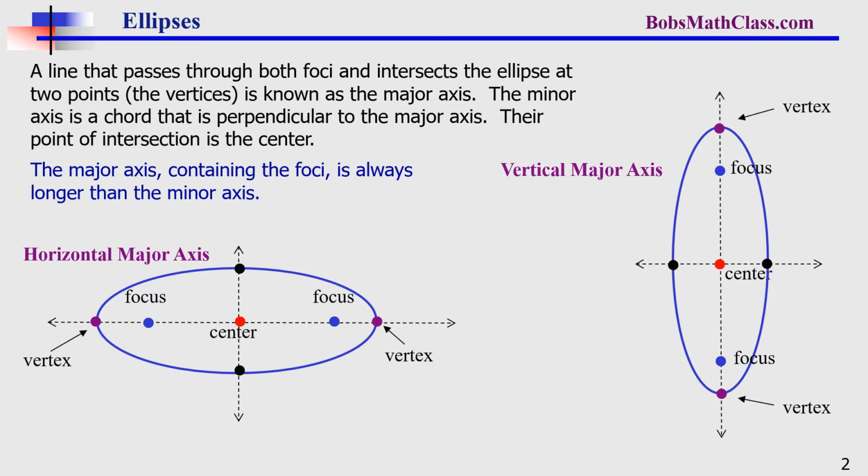I didn't write it, but the other ones are just called endpoints. So in these diagrams, the purple dots that say vertex, those are called vertices, that's plural. And the two black dots are called endpoints. The red one is the center, and the blue focus points are inside the ellipse on the major axis.